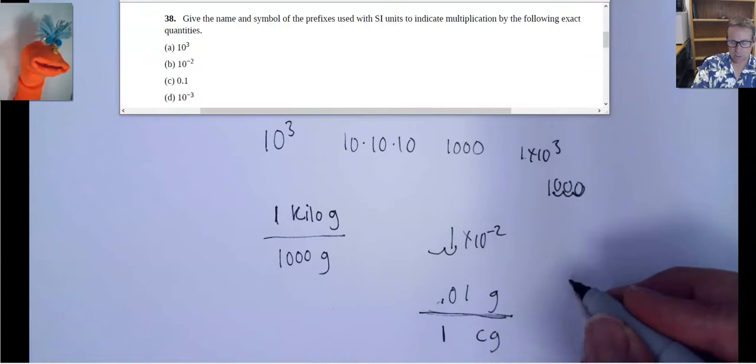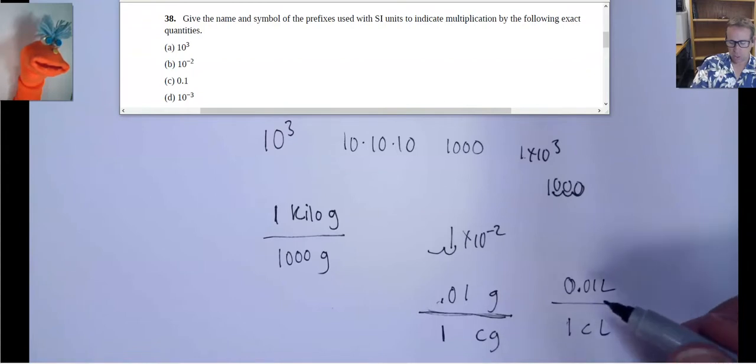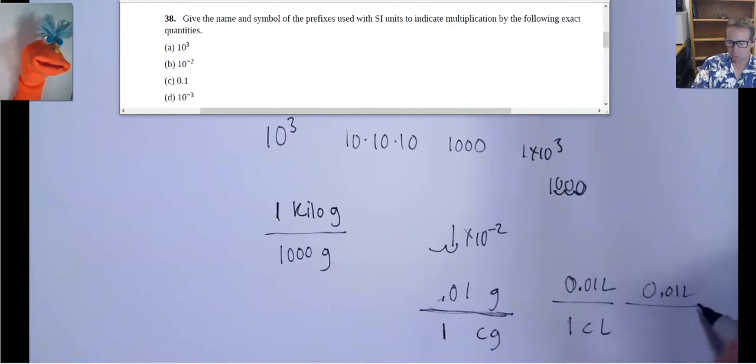I could also have done it like this. Let's use liters for a second here. 0.01 liters. That's 1 centiliter. Now, we don't really use centi as a prefix for things, right? We just skip right to milli.